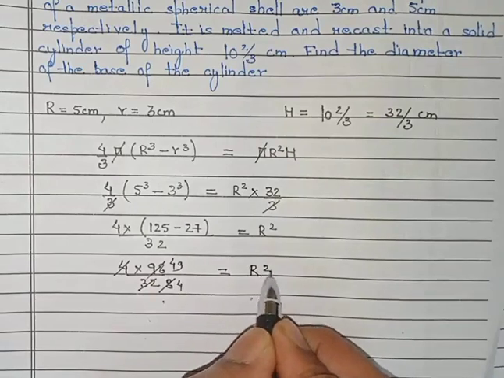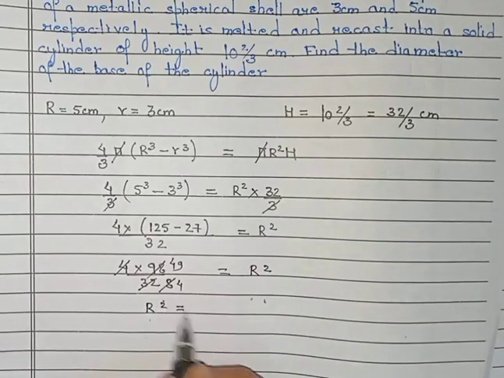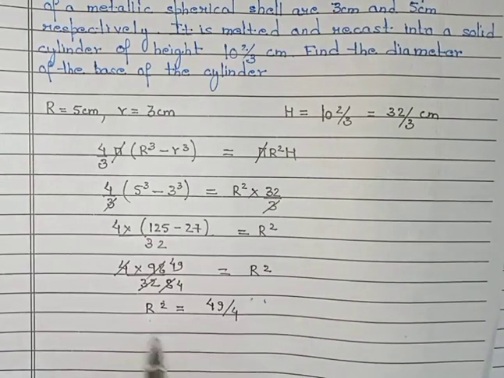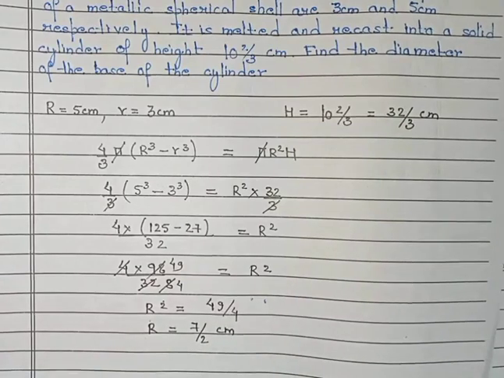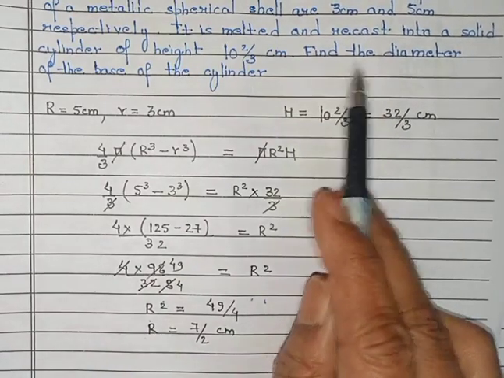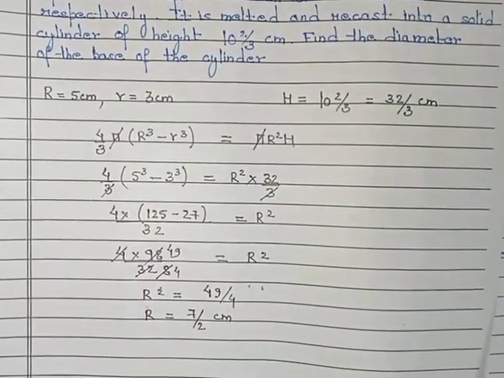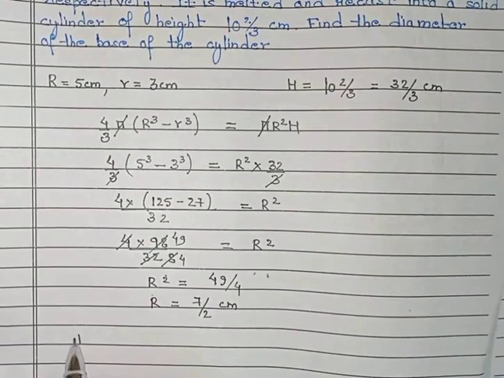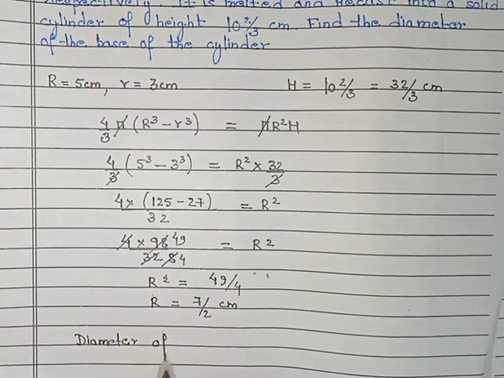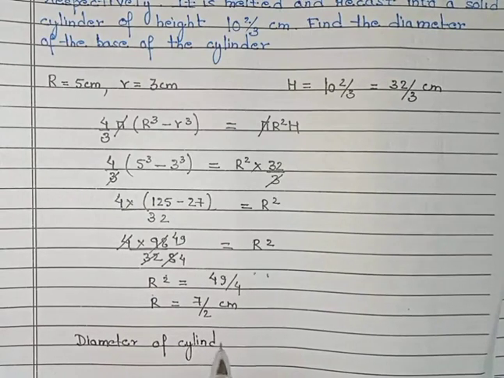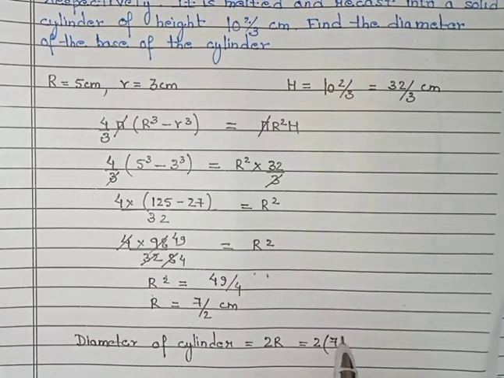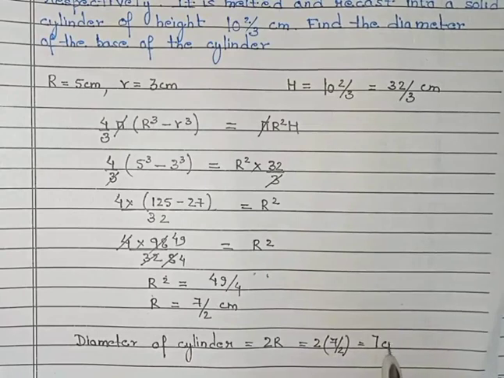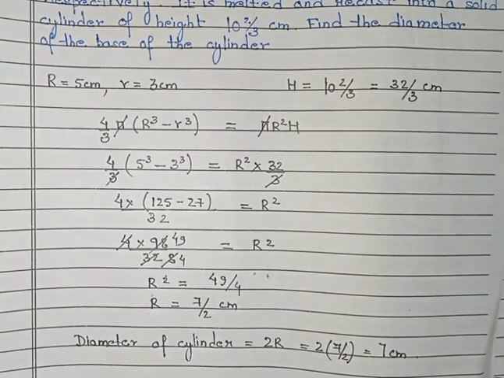So you are getting r square is equal to 49 upon 4, so the radius is 7 upon 2. Now we have got the radius, but the question says we have to find the diameter of the cylinder. The diameter will be twice the radius, so twice 7 by 2 is 7 centimeter. Is this clear to you?